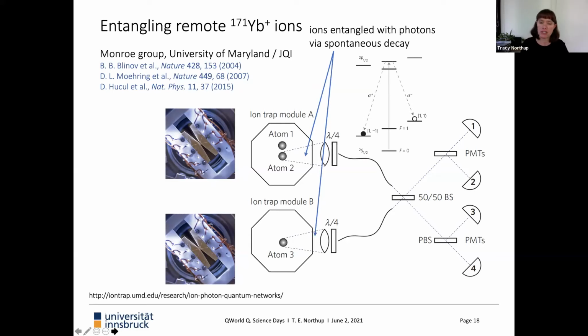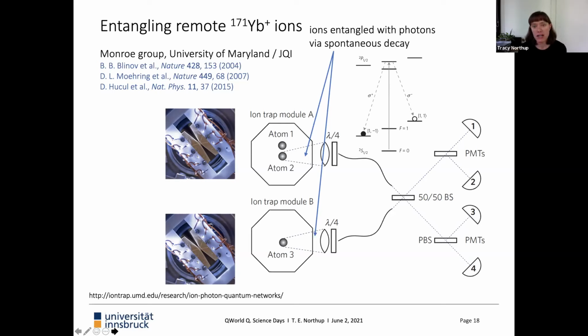And there are two different decay channels with two different polarizations. So you can see that that's going to produce an entangled state where either the ion is on the left-hand side in the -1 state and it generates a sigma plus polarized photon, or it's on the right-hand side generating a sigma minus polarized photon.